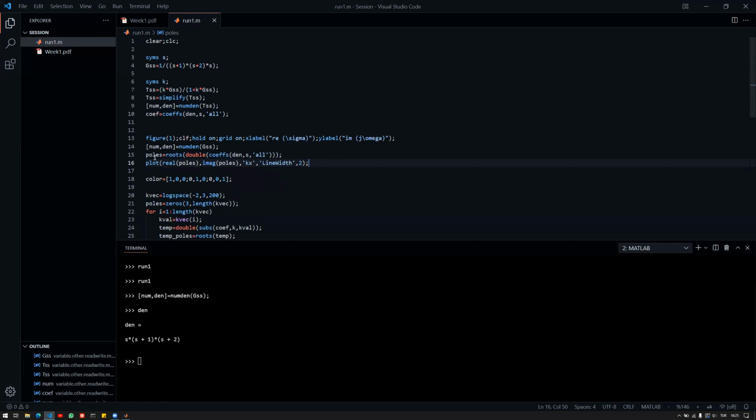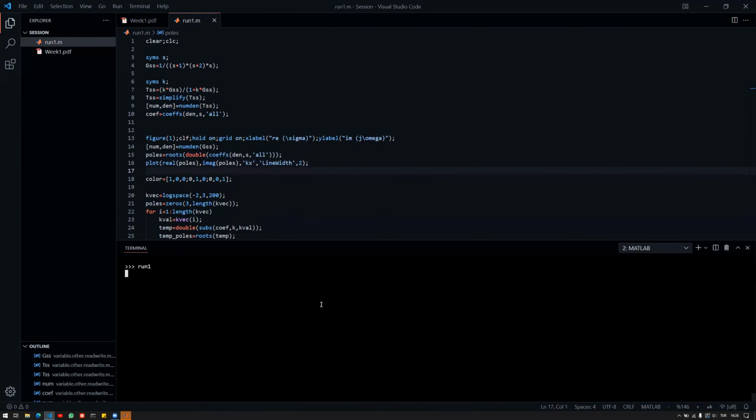So that should work because this is a vector. This is a 3x1 vector. And if I get the real part, note that Matlab functions work on vectors. So it will give me a corresponding vector with the corresponding values. So this should basically work.